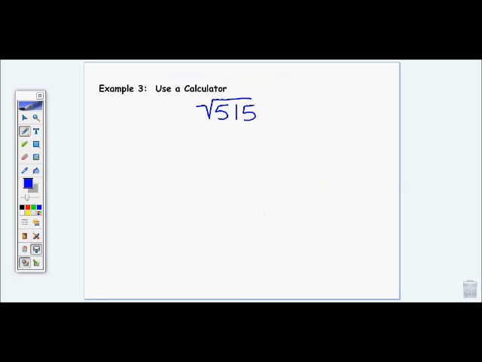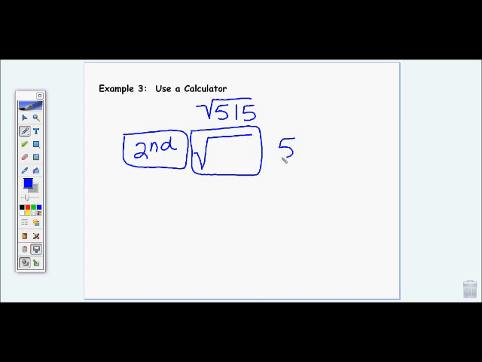All right, now we can do this on a calculator as well. And when we do it on a calculator, we usually round to the nearest tenth. So doing this on the calculator, you're going to look for the button that says second on it. You're going to hit that button, and then you're going to hit the square root button. Those two buttons. And then you'll put in your value that is under there. So for this one, you would type in 515.